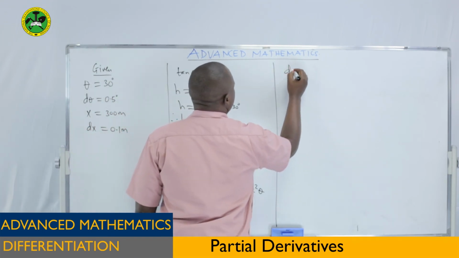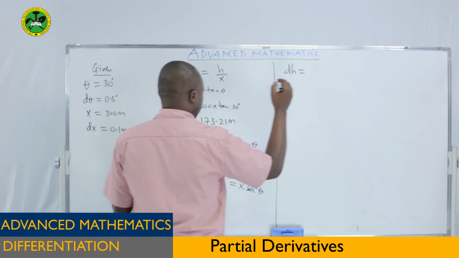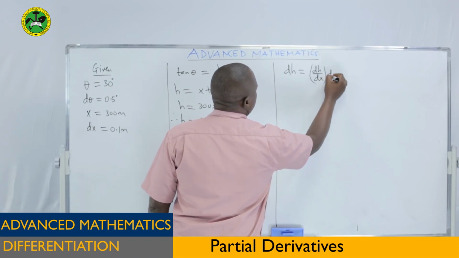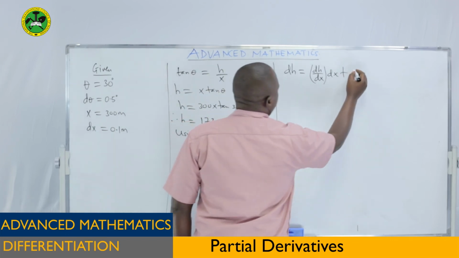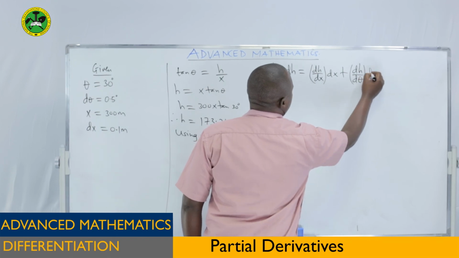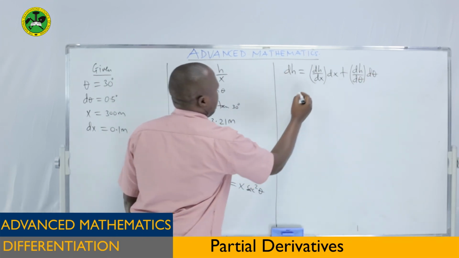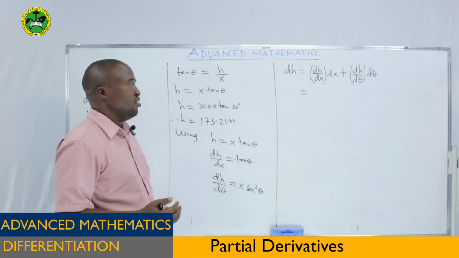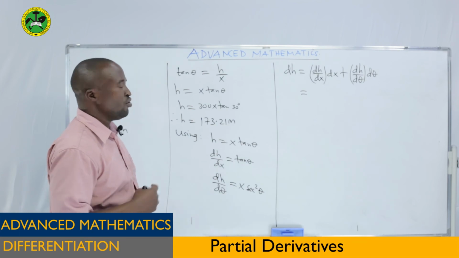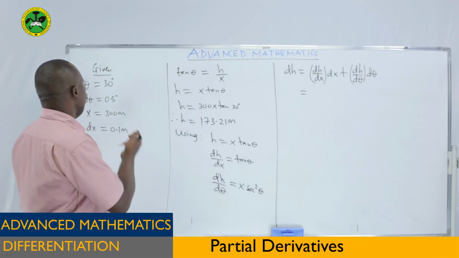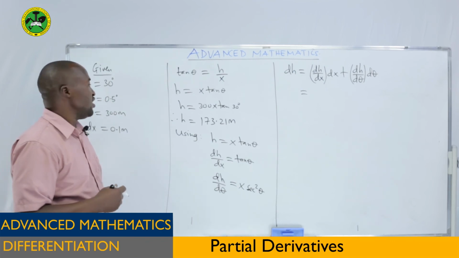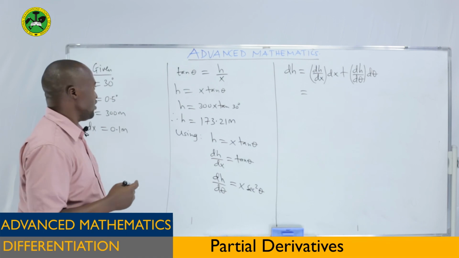So dh is the same as dh dx times dx plus dh d theta times d theta. We can substitute those values to find dh. But before doing that, we have to convert d theta into radian. It is given in degrees, so we have to convert it into radian measure.